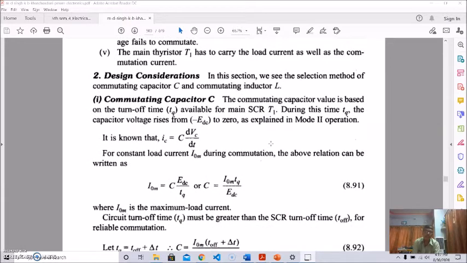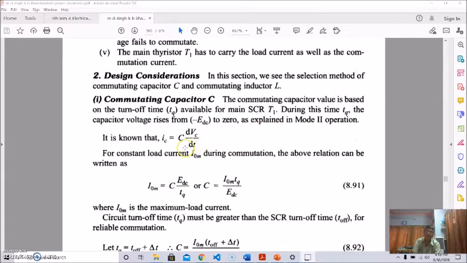So the commutating capacitor's value is based on the turn-off time TQ available for the main thyristor T1, and during this time TQ the capacitor voltage rises from minus EDC to 0, as explained in mode 2 operation.